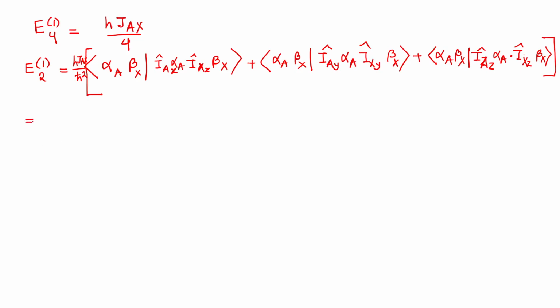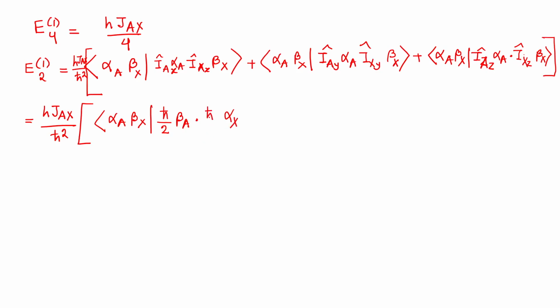Now there is going to be some change. Now you see alpha A beta X, that will lead you to alpha X operating on alpha A. So that is going to lead you to h cut by 2 beta A, beta X. And here it will lead you to alpha X, right?